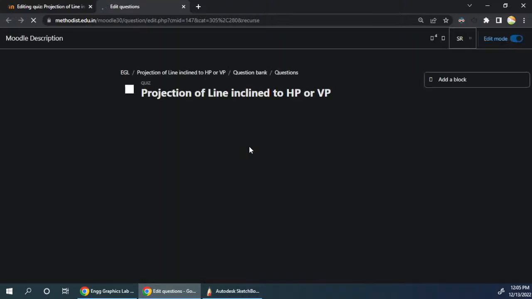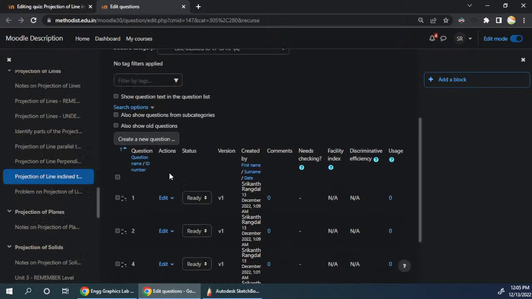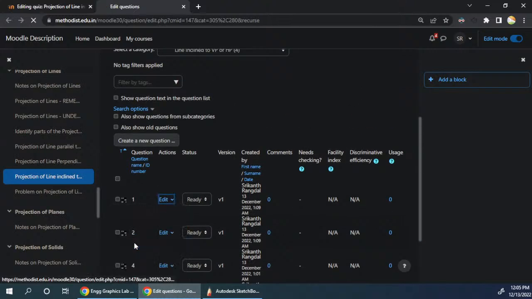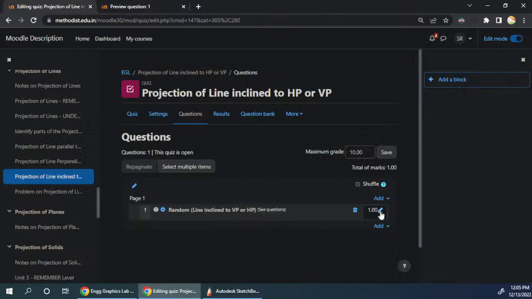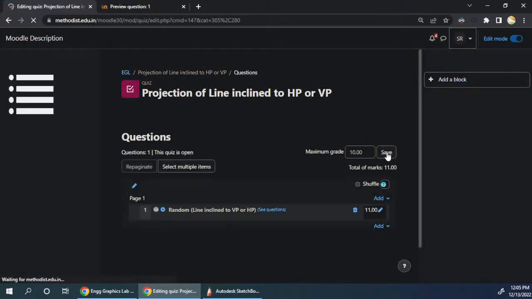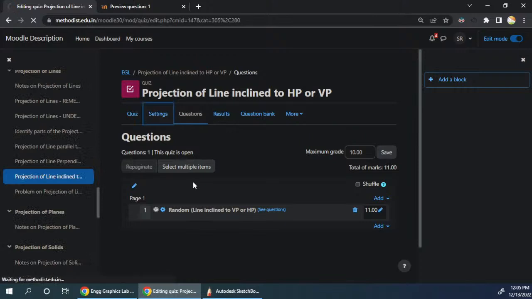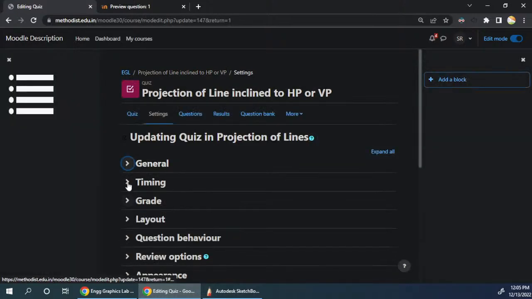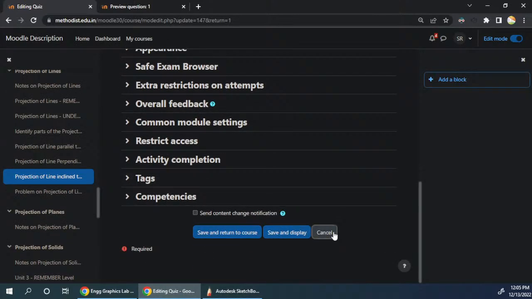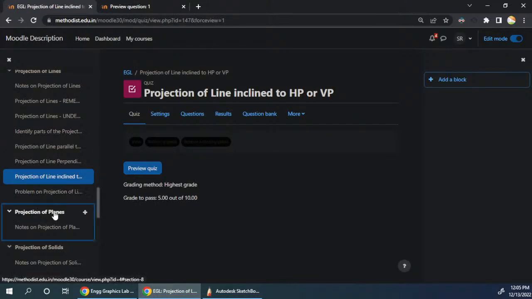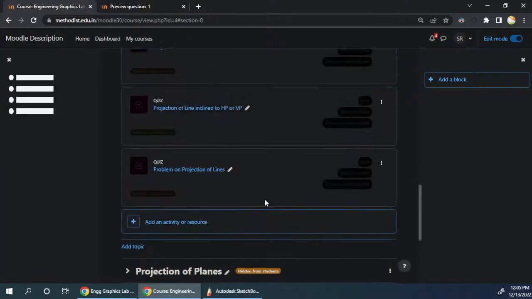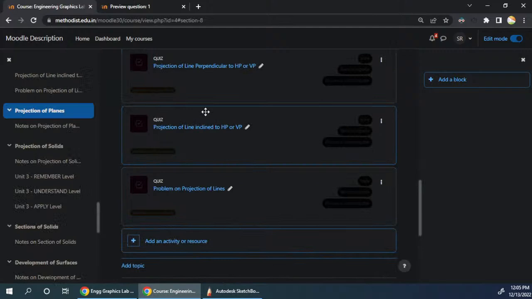And marks for this. Let's check it out. So inclined to HP or VP, which is nice.